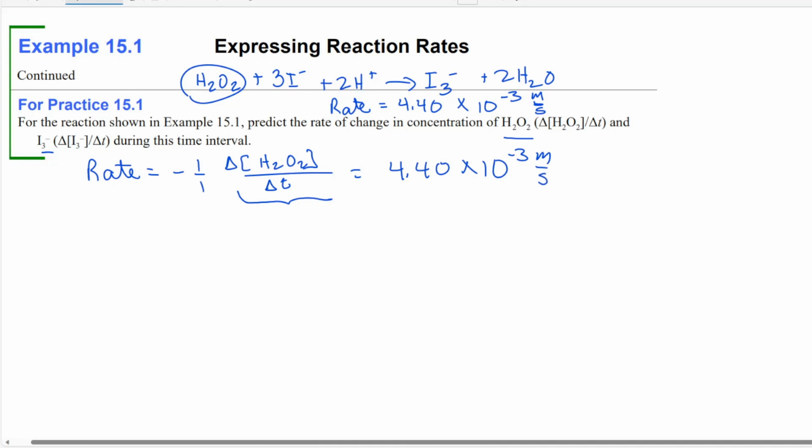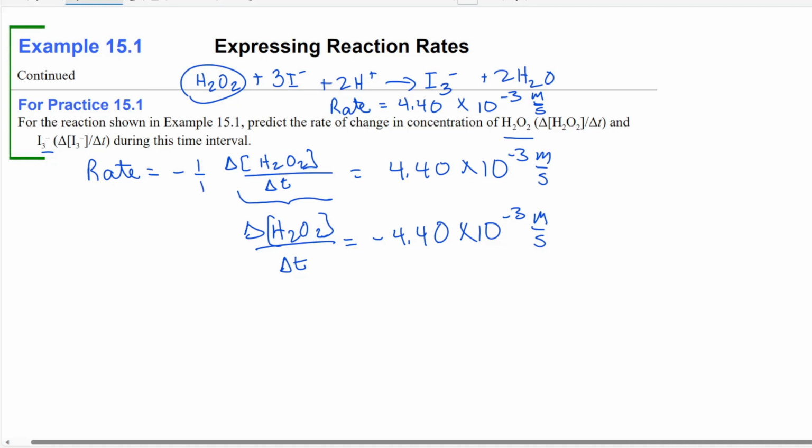So in order to isolate Δ[H2O2]/Δt, we just multiply both sides times negative 1. So we get Δ[H2O2]/Δt equal to negative 4.40 × 10⁻³ molar per second.